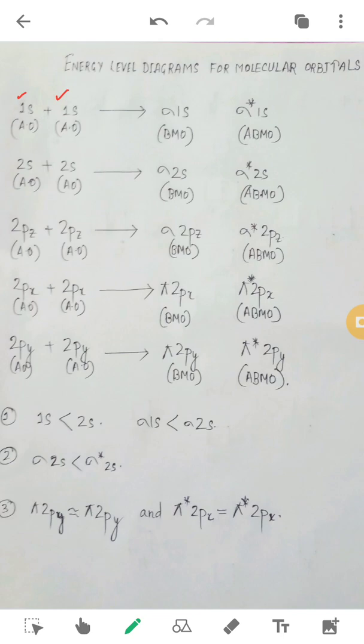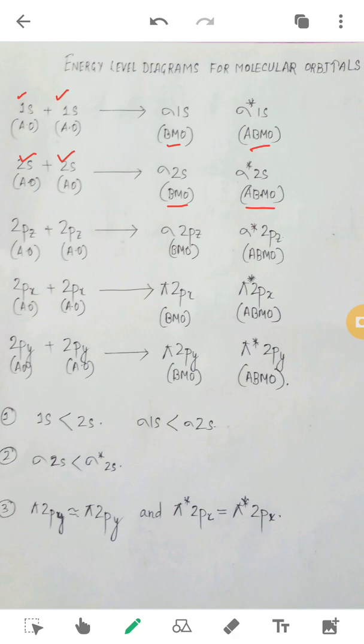The asterisk one is the ABMO, the anti-bonding molecular orbital. The other one is the bonding molecular orbital. Similarly, when two 2s atomic orbitals combine, we again get two molecular orbitals. One is sigma 2s, which is BMO, and the other is sigma star 2s, which is ABMO.